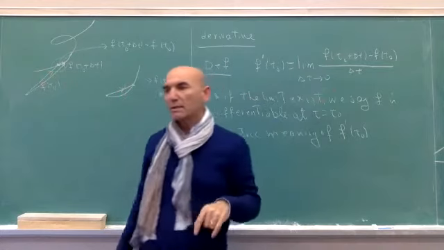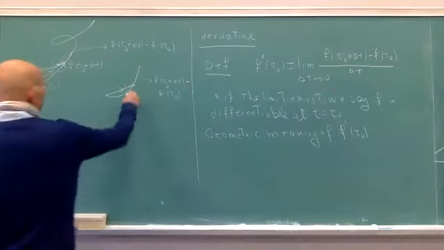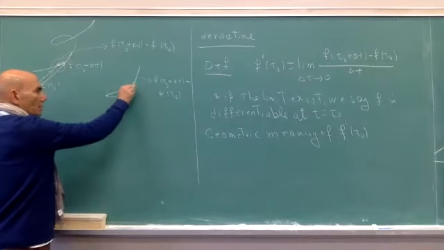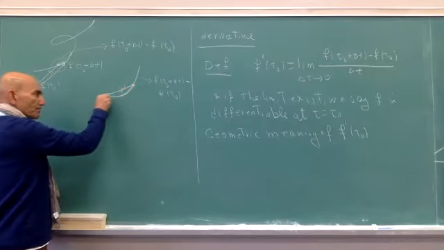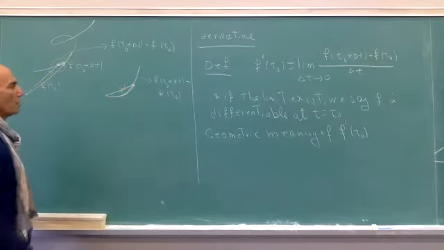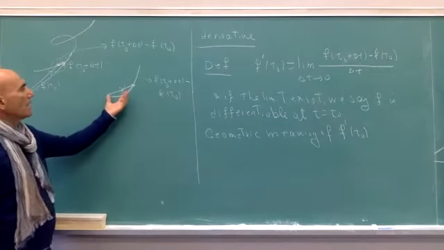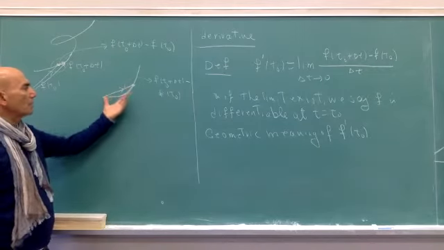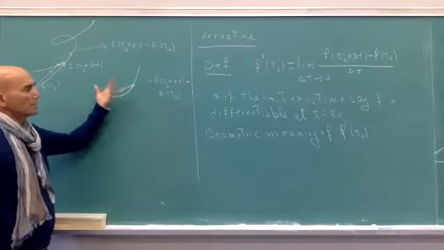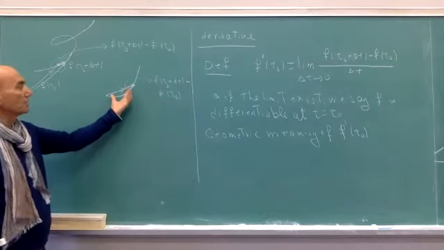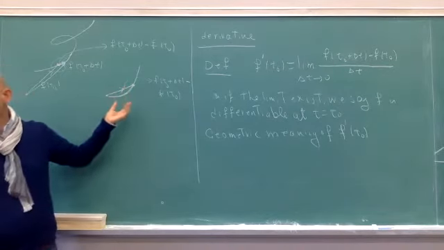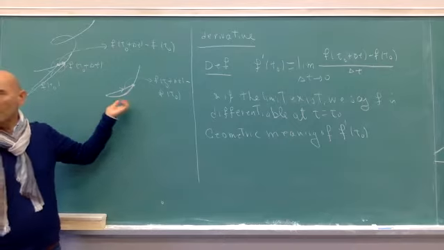And now what we are doing, we are letting delta t go to 0, right? It means that this point is approaching this point. You might ask, okay, then what? As we approach, in some good cases, like when the function is continuous, this length is going to go to 0, and this vector is going to approach 0.